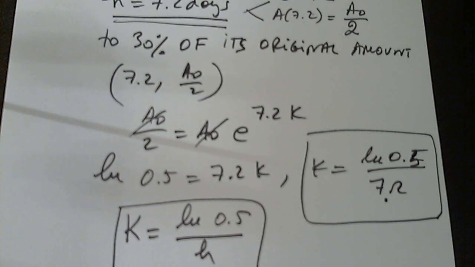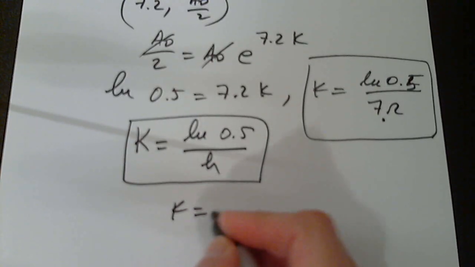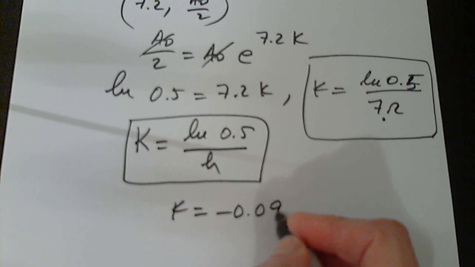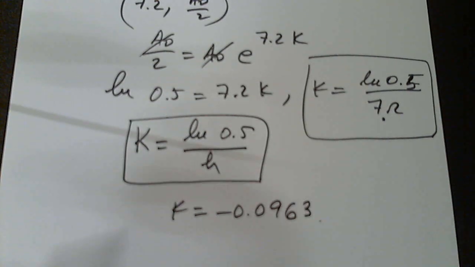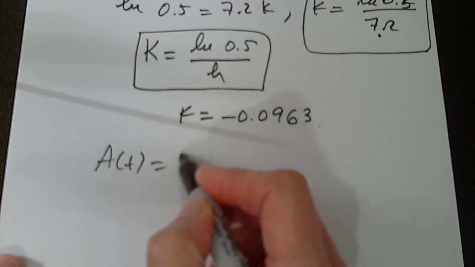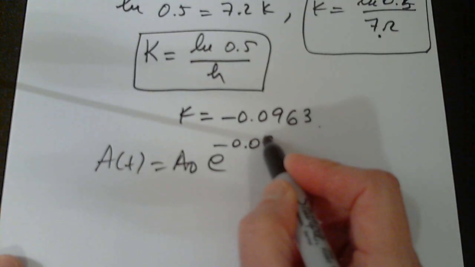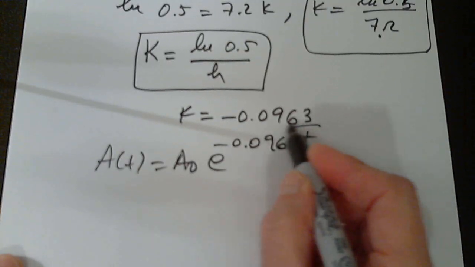So I got, as expected, a negative number. So then K equals negative 0.0963. So I highly recommend 4 decimal digits. So now I have the model. So the model is A of t equals whatever original, e to this number times t.